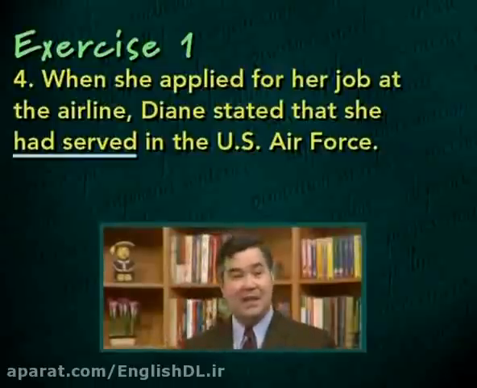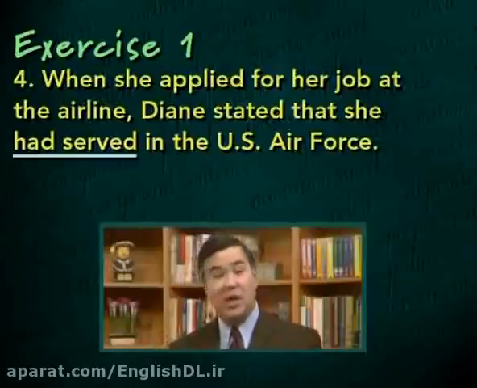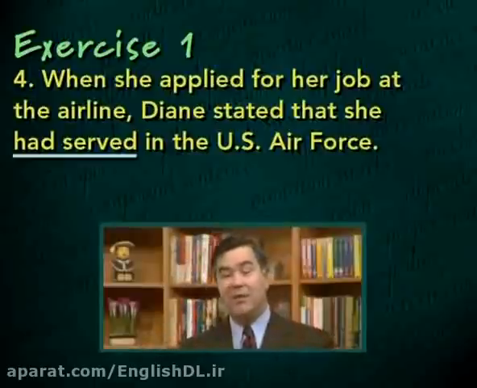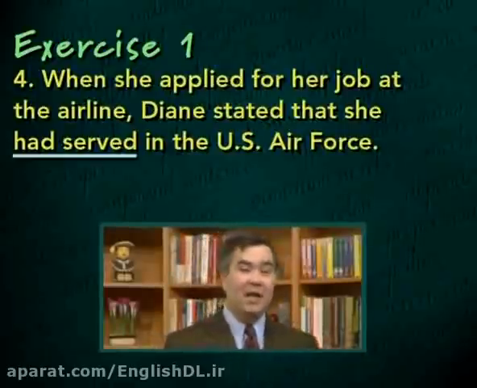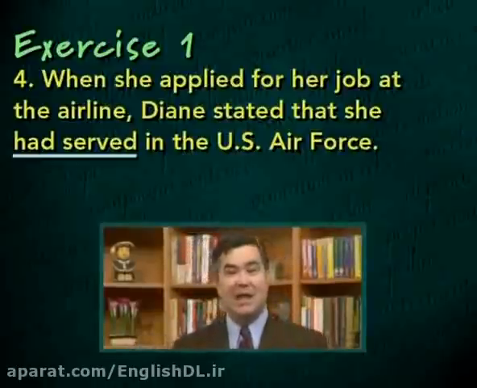And that makes sense. Part of the application for the job is explaining about her background. So she applied, she stated. Those are 2 past tense events, both described using the same verb tense and both describing events in the past happening more or less simultaneously at the same time.